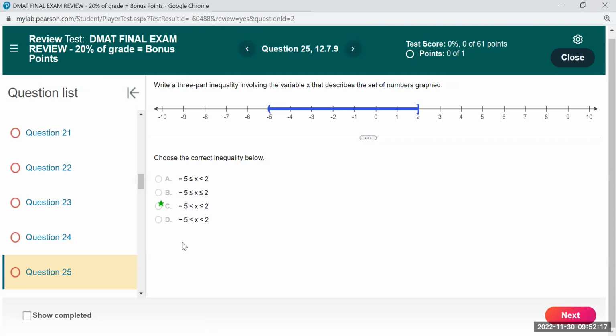All right, write a 3-part inequality involving the variable X that describes the set of numbers graphed. So at negative 5 to 2.